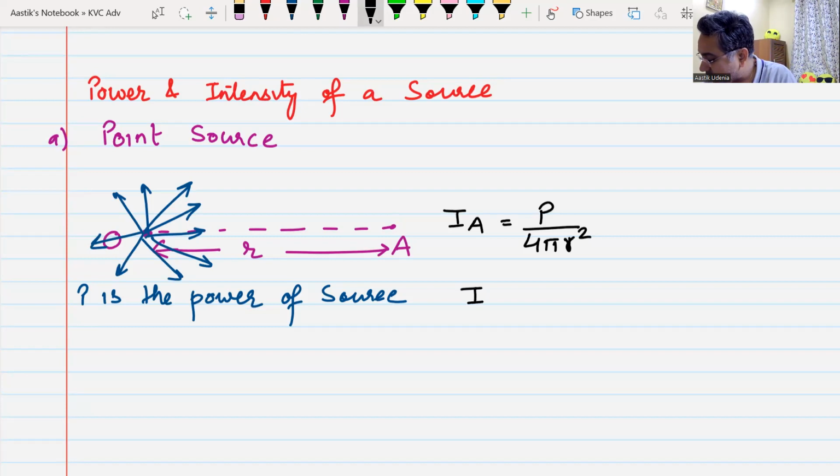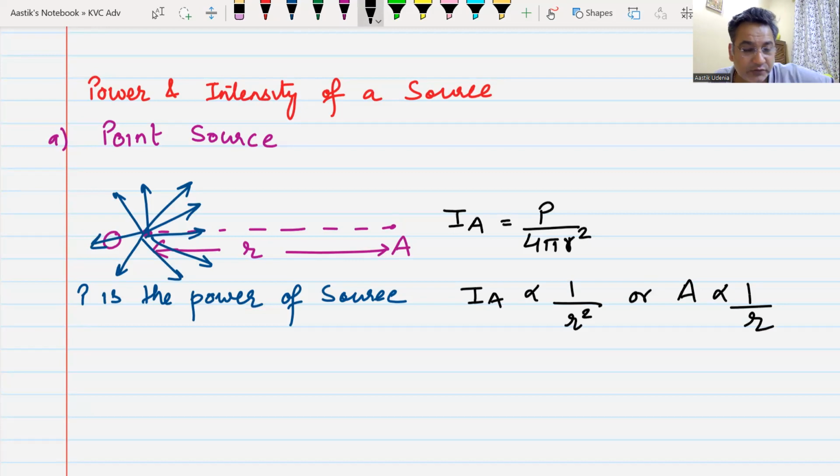So I can say for this point source, intensity is proportional to 1 by r squared. Or if I talk about the amplitude of the wave that it's creating, the amplitude will be inversely proportional to r. Do we understand this?